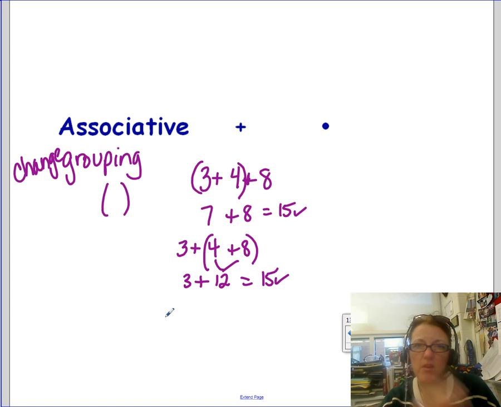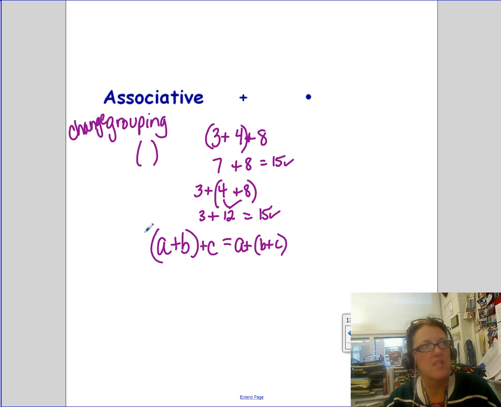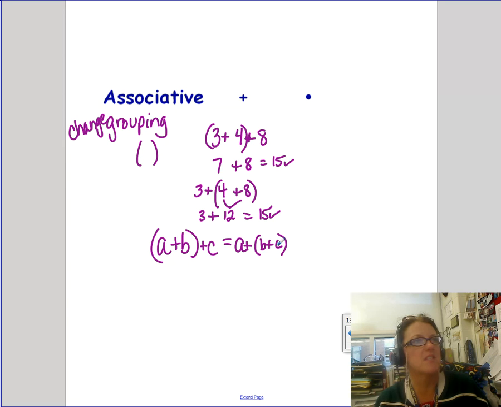So algebraically, how do we demonstrate this property? Let's use the quantity A plus B in parentheses, plus C. That is going to give you the same answer as A plus, in parentheses now, the quantity B plus C. Notice the order stayed the same, A, B, C on both sides, but I simply switched the placement of the parentheses, and you still get the same value in the end.